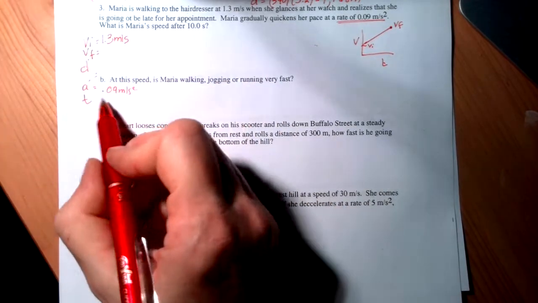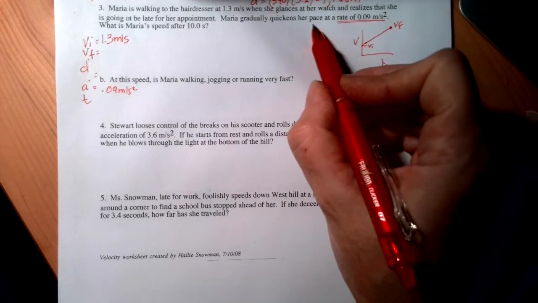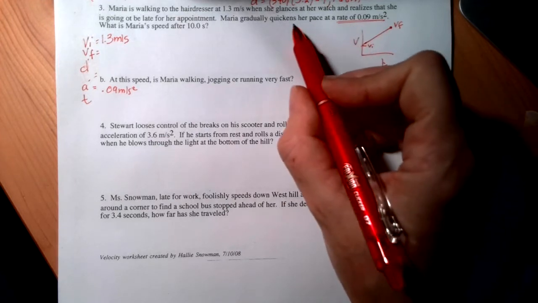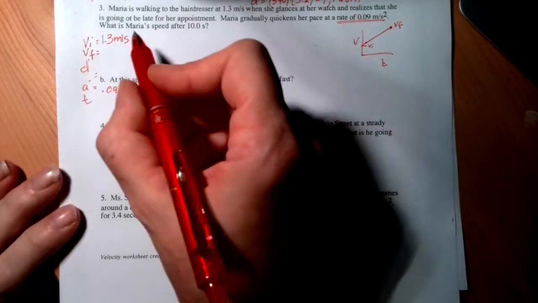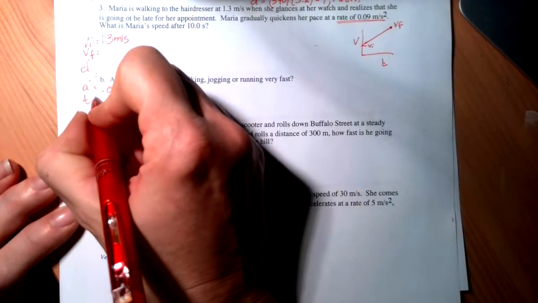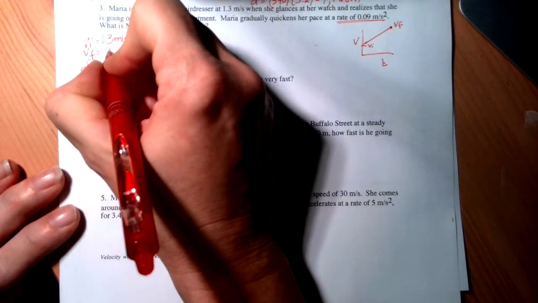Again, I know this is an acceleration because of the unit, and also because they said she quickens her pace at a rate, meaning how fast she's getting faster. So that's acceleration. Then what's her speed after? The time is 10 seconds, and we want to know her speed. This is the unknown.